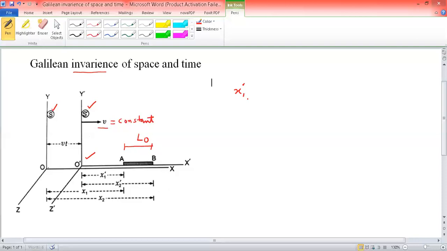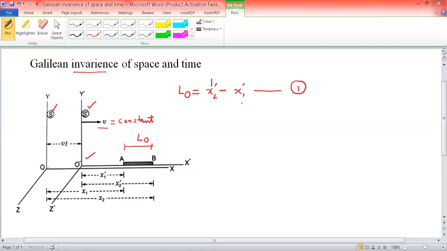So if I subtract the initial distance x1 prime from the final distance x2 prime, I will get the length of the rod, and I denote it by the symbol L naught. Let me take this as equation number 1.